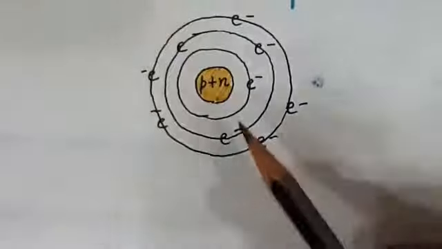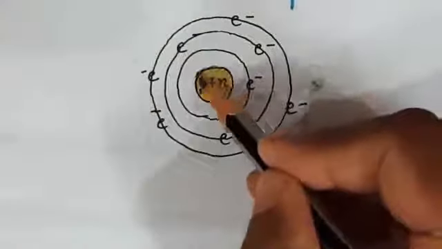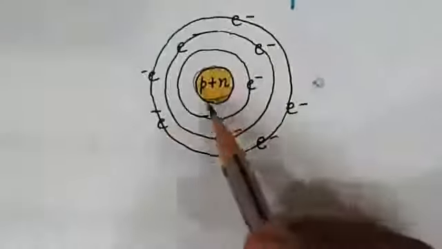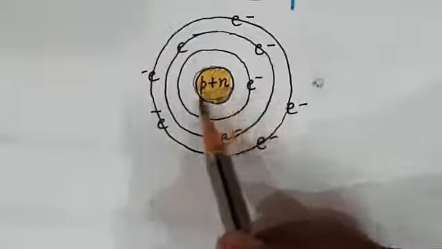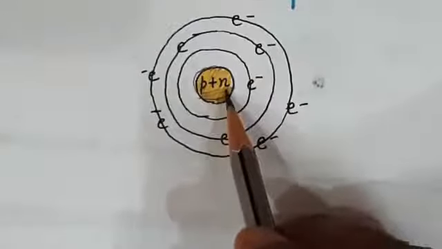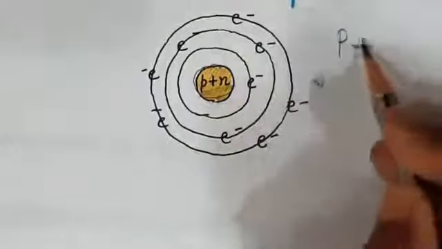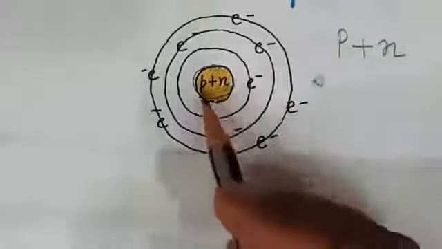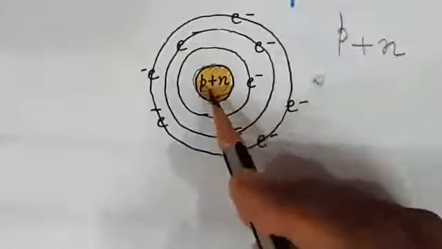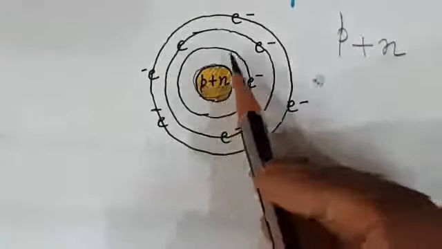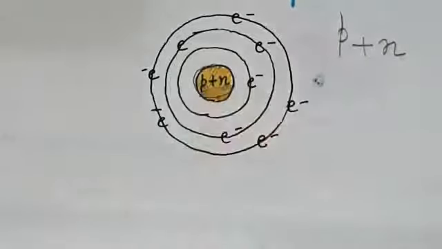So you see here this diagram. This is the nucleus. Inside the nucleus, which subatomic particles are present? I told you right now, proton and neutron. So that's why I have written proton p plus, neutron n. They are present inside the nucleus.